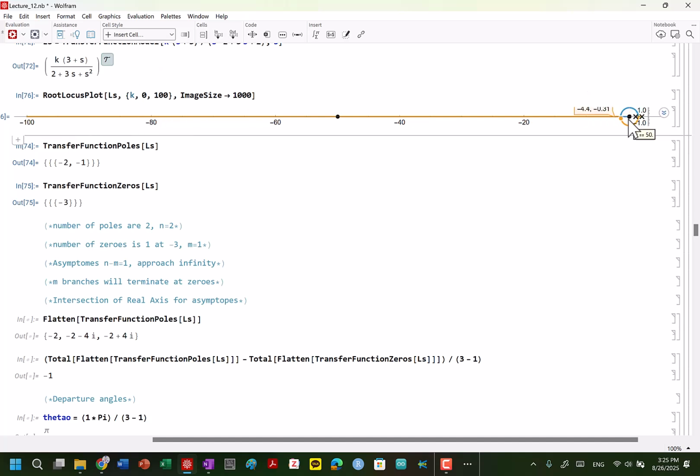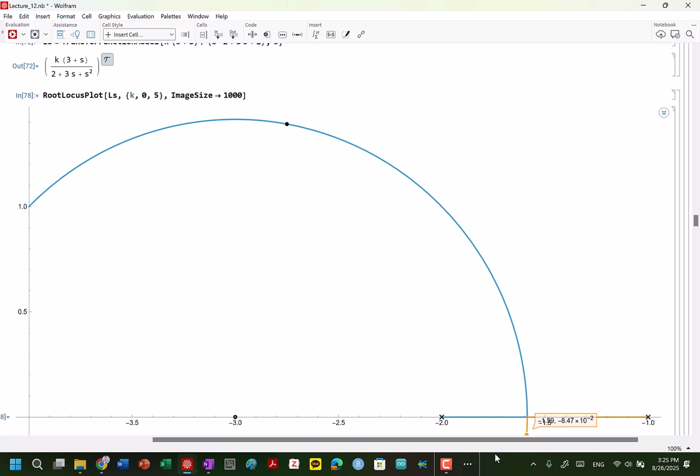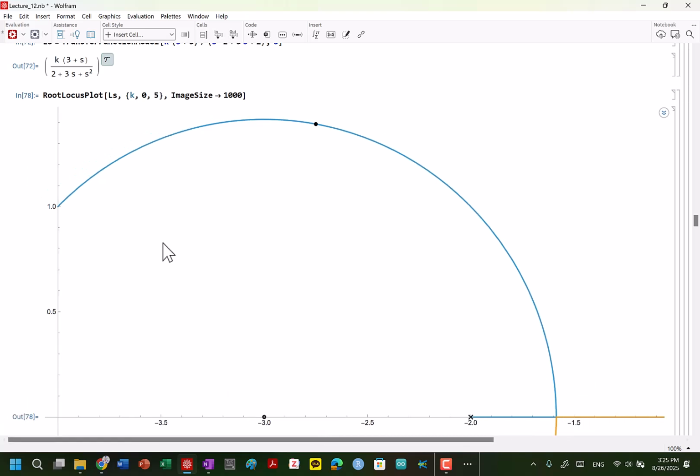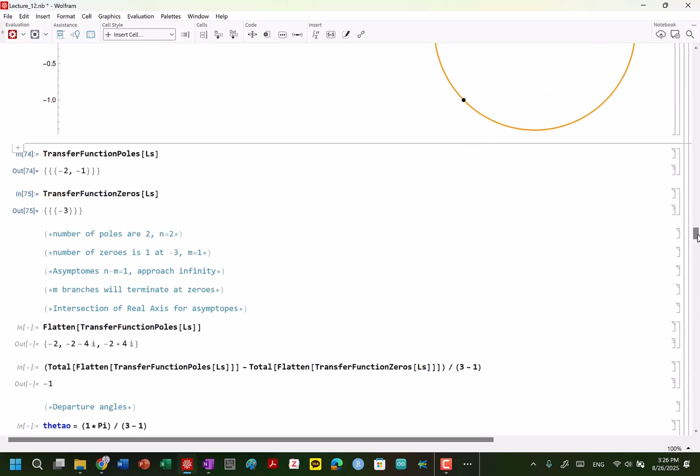Really cool. We can visualize that a little easier for a smaller value. Fantastic, so we verified that rule.